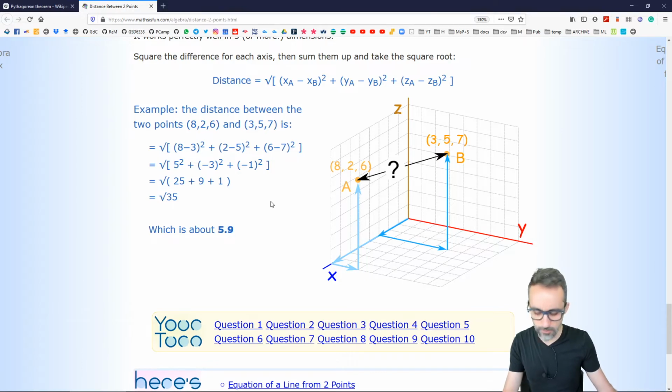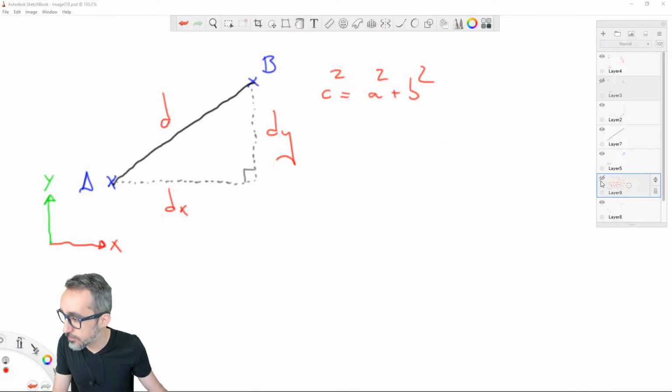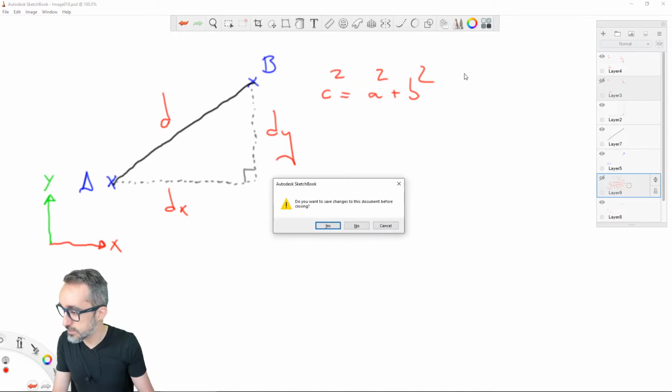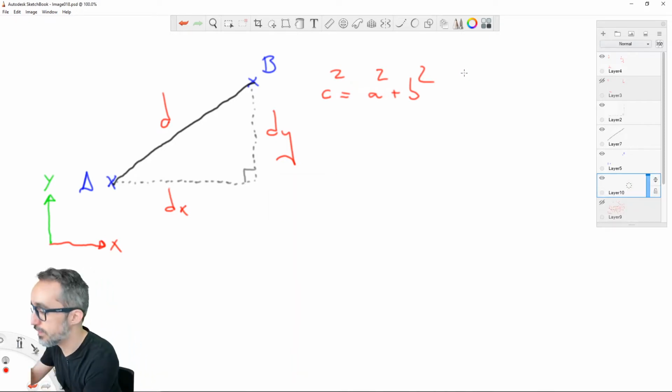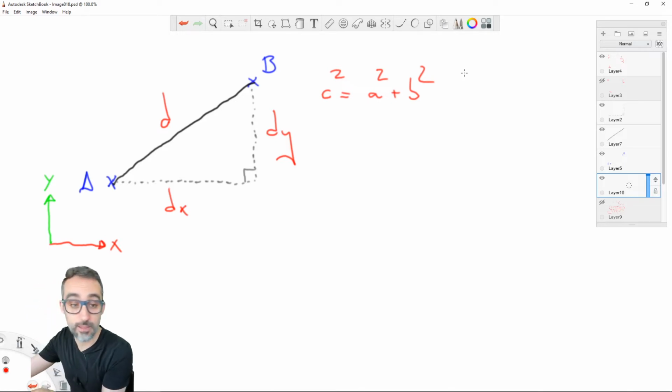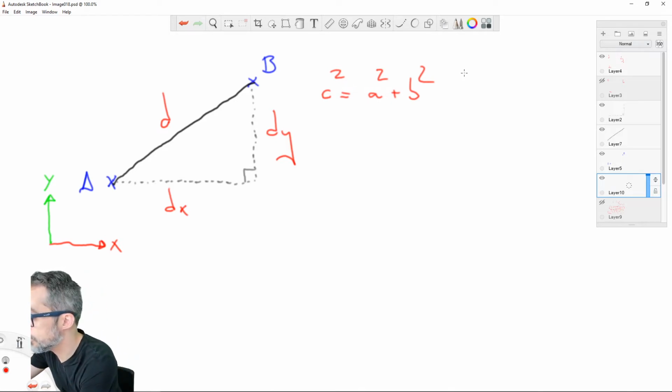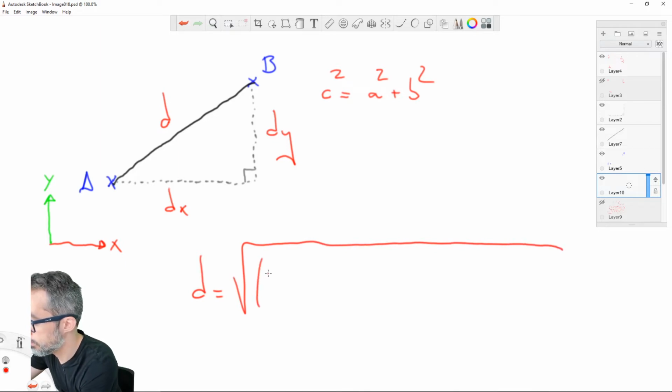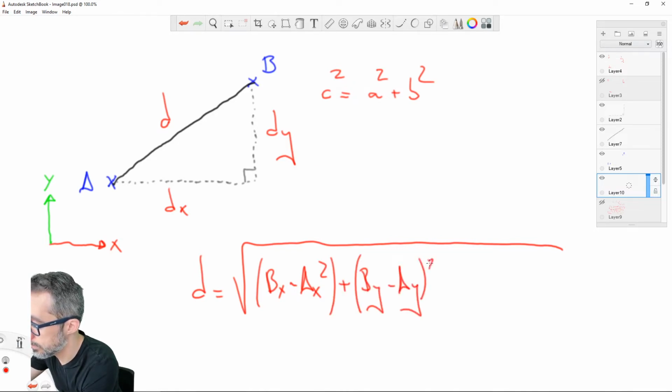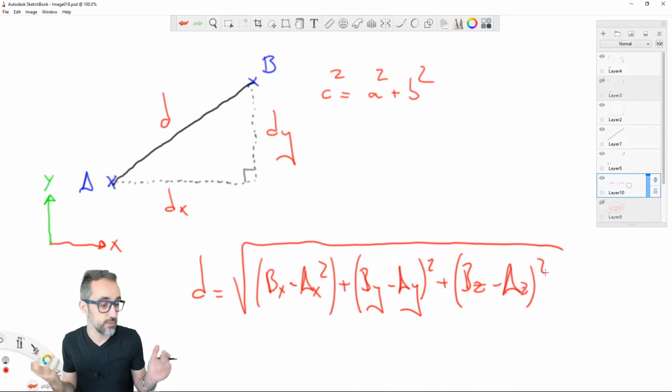If I go back to my drawing board, it's very easy to demonstrate that if we had this in three-dimensional space, then it's just as easy as saying the distance between those two points is going to be equal to the square root of (bx minus ax) squared plus (by minus ay) squared plus the z coordinate, (bz minus az) squared. Just as simple as that.